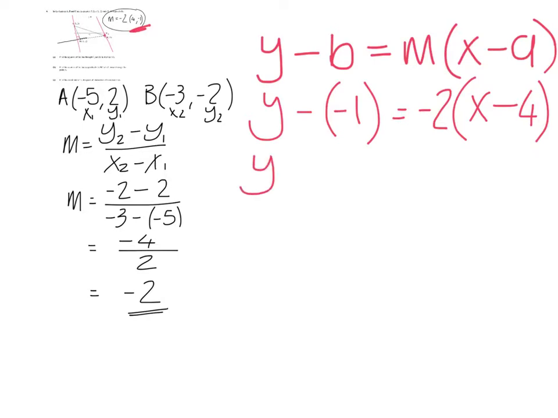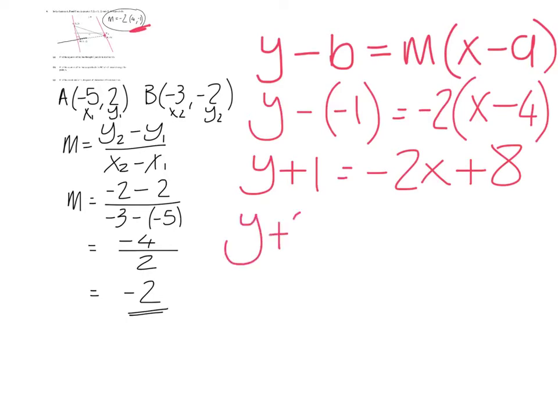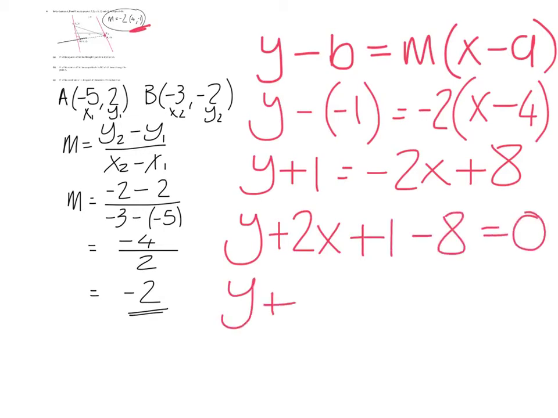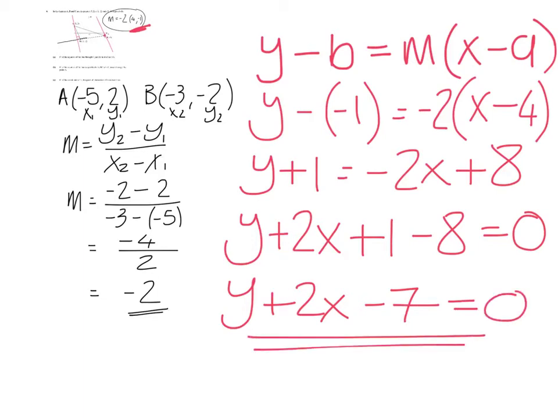So that's y plus 1 equals negative 2 times x, which is negative 2x, negative 2 times negative 4, which is plus 8. Collecting all of this to the one side gives us y plus 2x plus 1 minus 8 equals 0, which means y plus 2x minus 7 equals 0. And that's the equation of the line through point C.